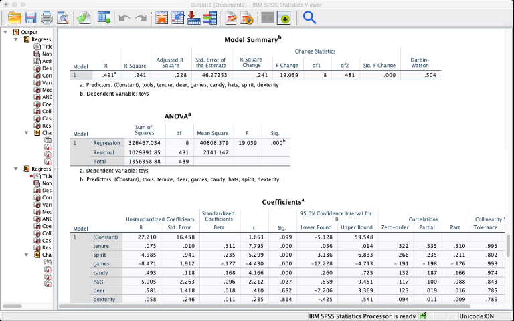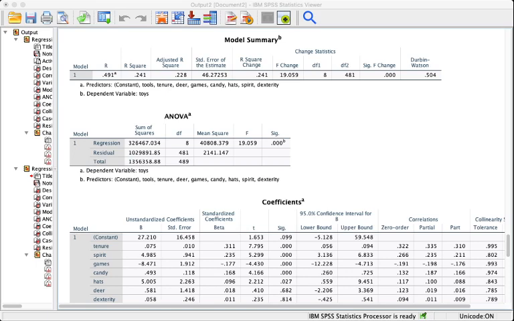Now, we don't need to look at the standard error, at least right now. It's not really that important to us. That's essentially just saying how confident are we. We don't need the R-squared change because this was all entered in one step, which we'll get to.